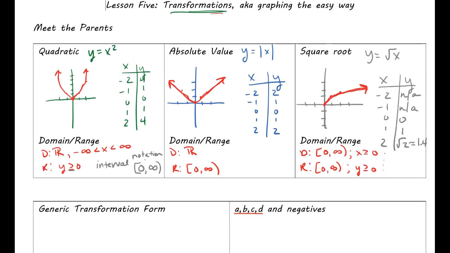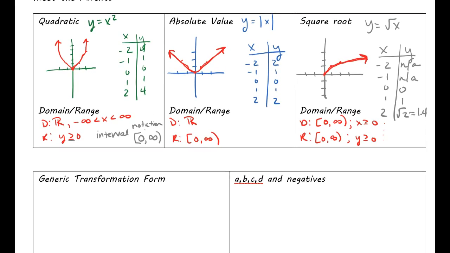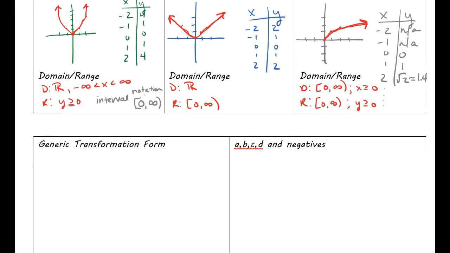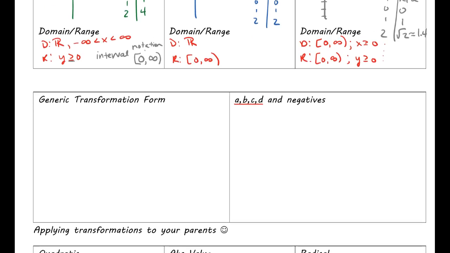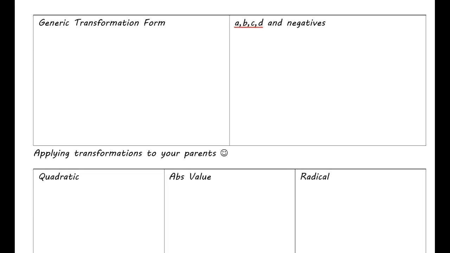Well, the goal here is you don't want to have to make a T-chart for every single equation that I give you. So what we're going to learn is the significance of the numbers that you see, based on where they're located in the equation.